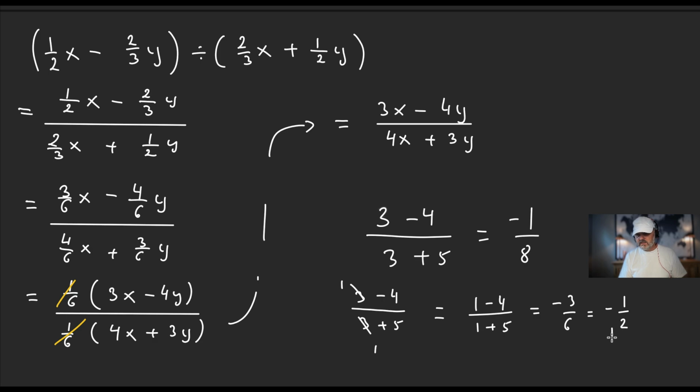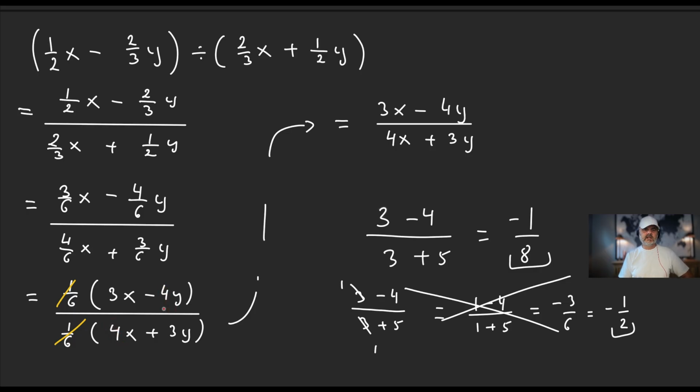Why didn't we get the same results if we did this in two different ways? That means one method has to be false. And this is the method that you don't want to use. So this is entirely wrong. So please, do not simplify this 3 with that 3 or 4 with that 4.